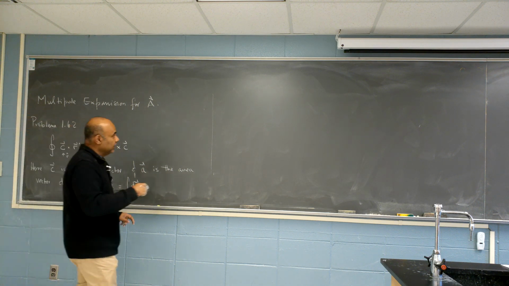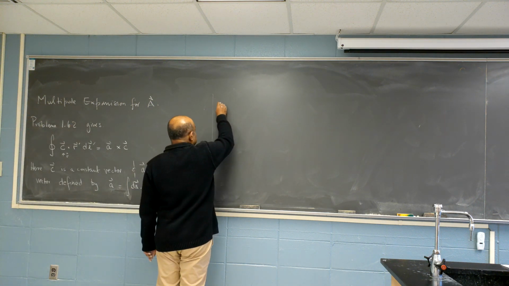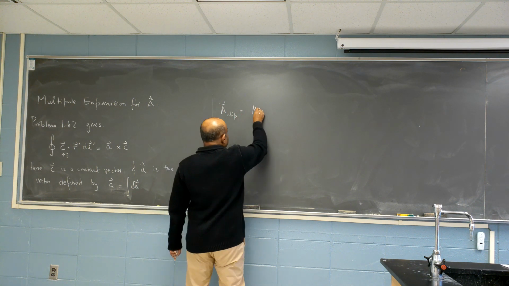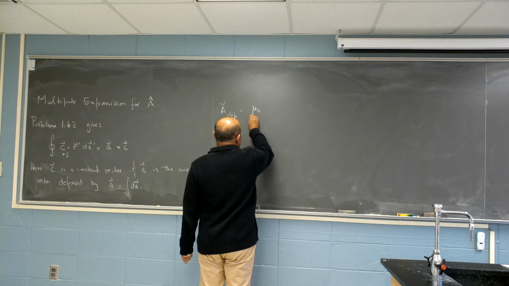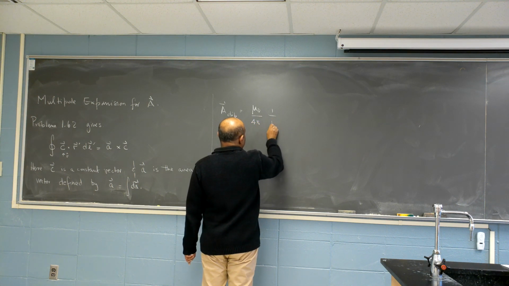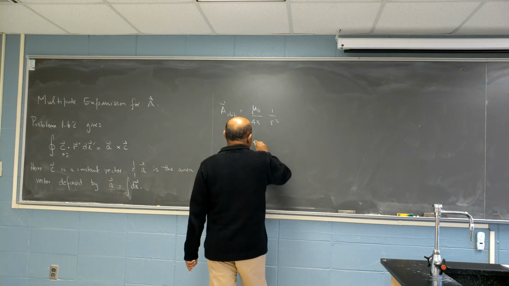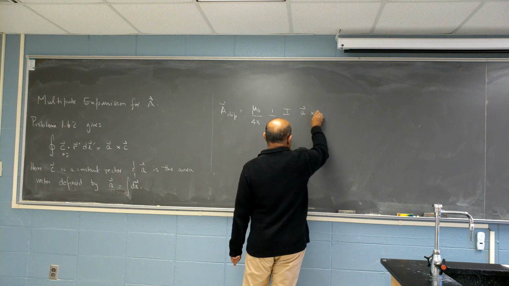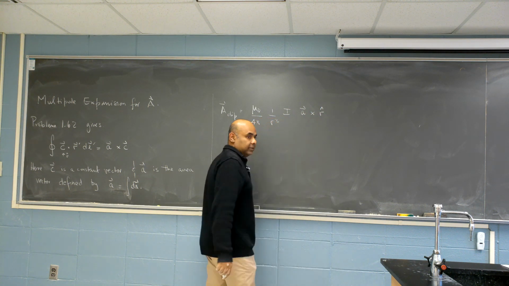So let me see if I can recall. A dipole is equal to mu 0 over 4 pi, 1 over r squared, current area vector cross r hat.